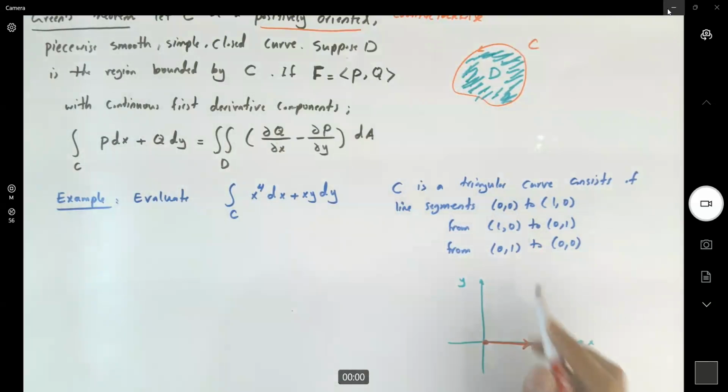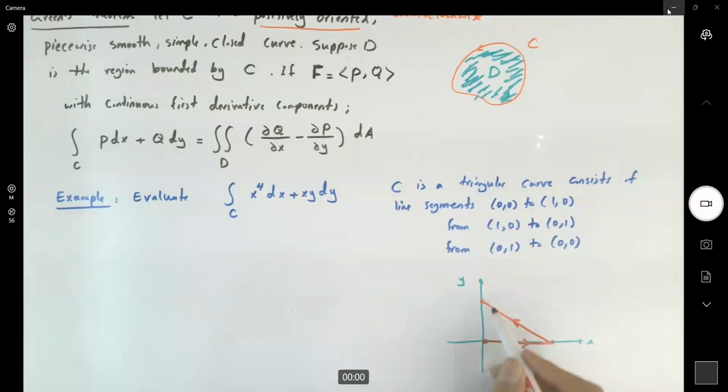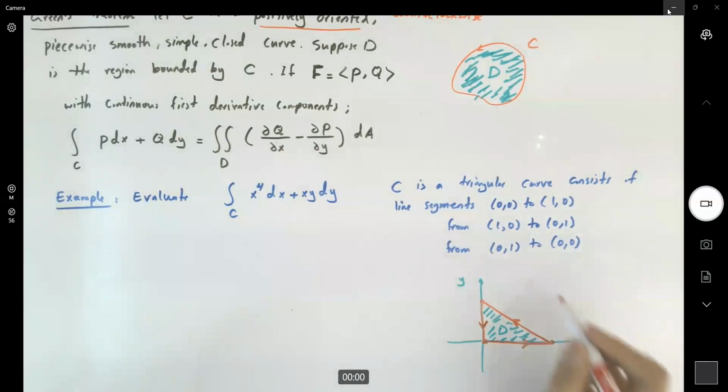Then from (1, 0) to (0, 1), which goes this way, and then it goes back to the origin. So this is my triangular region, and here I have my D, which is the region bounded by C. So this is C, moving counterclockwise, positively oriented, and as you can see, it is closed.